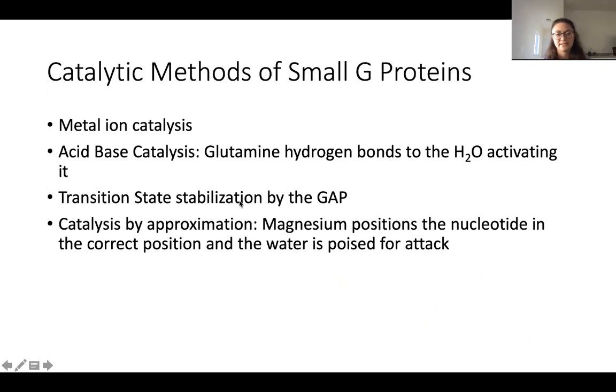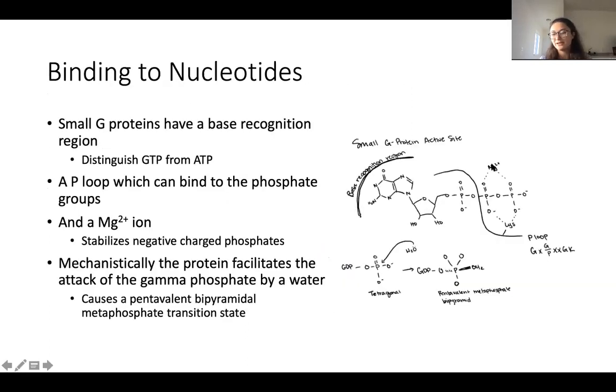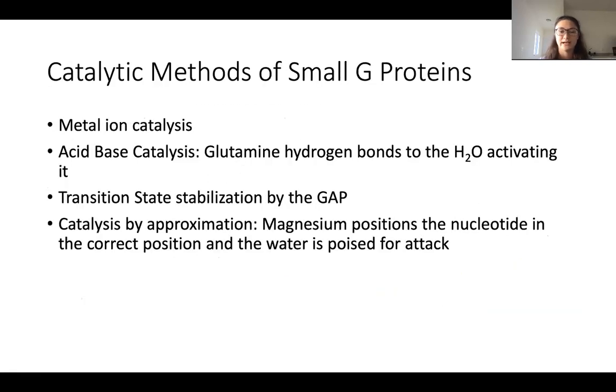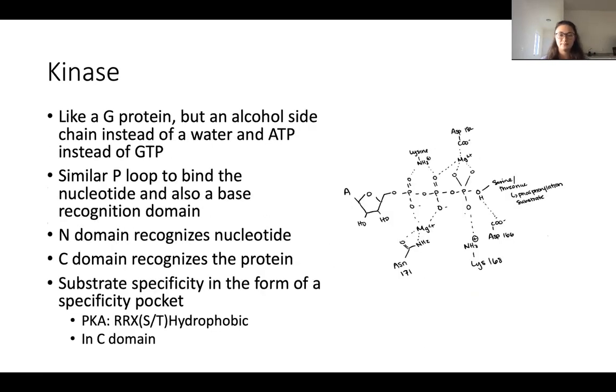There's some transition state stabilization from the GAP. And then also catalysis by approximation, since if we imagine this magnesium, this phosphate loop, etc., is going to really hold this nucleotide in position so that water is able to attack. So all of these different methods are seen in G proteins.